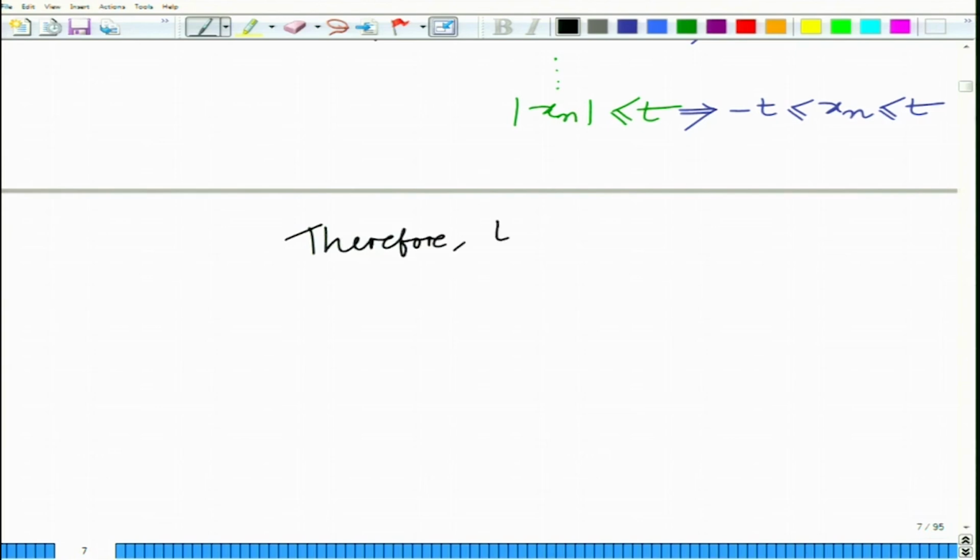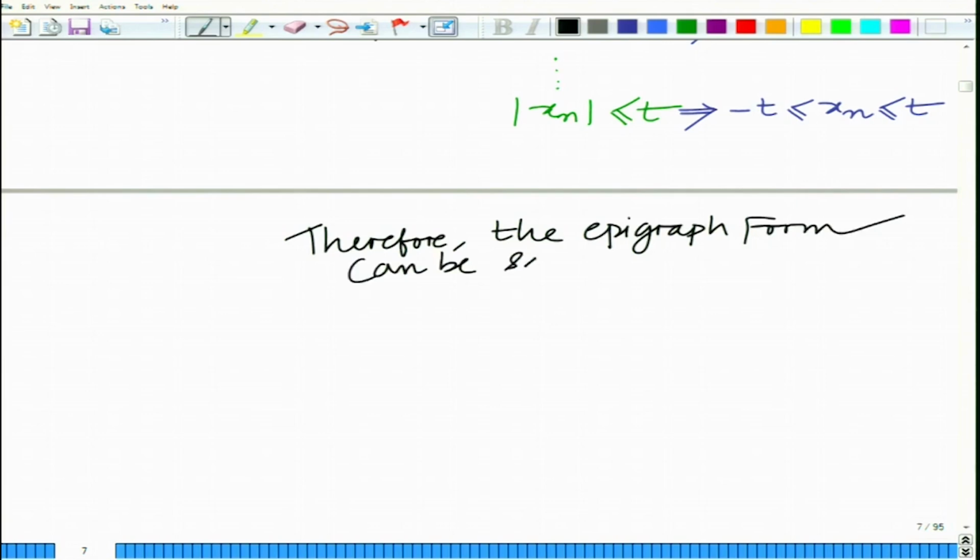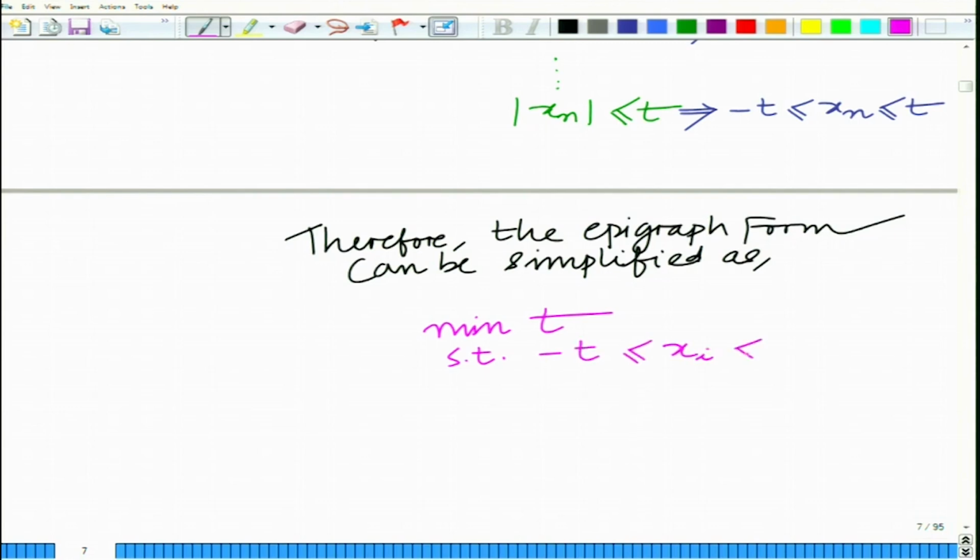And therefore, the epigraph form can be simplified as: minimize with respect to t, subject to minus t less than or equal to each xi.